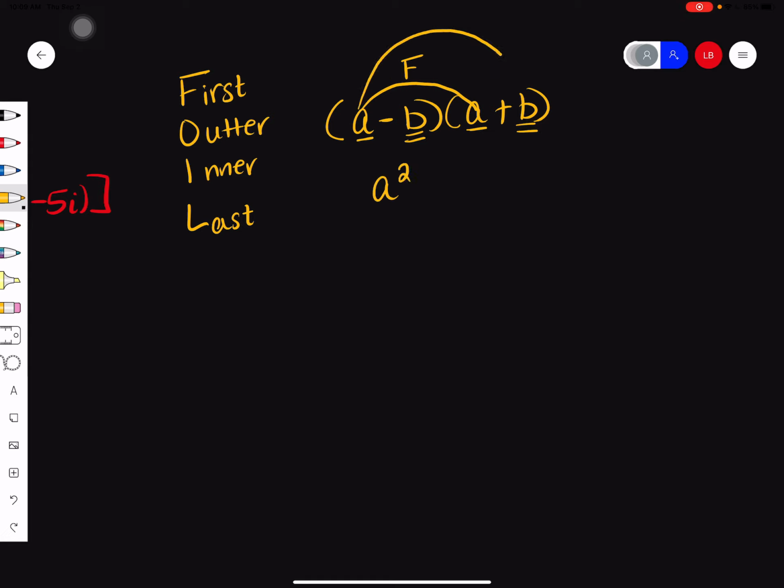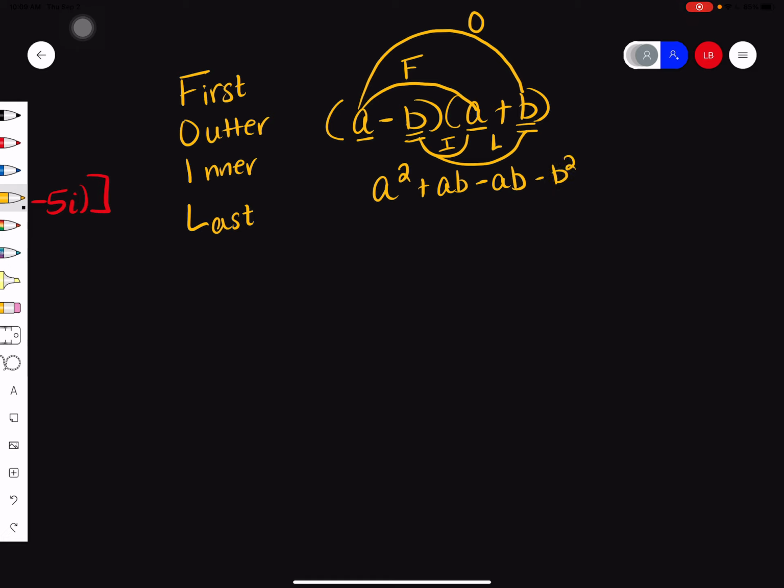My two outer terms, a times b, give me plus ab. My two inner terms, negative b times a, give me minus ab. And my two last terms, a negative b times a positive b, give us a negative b squared.